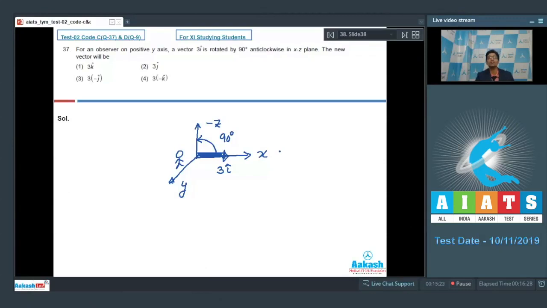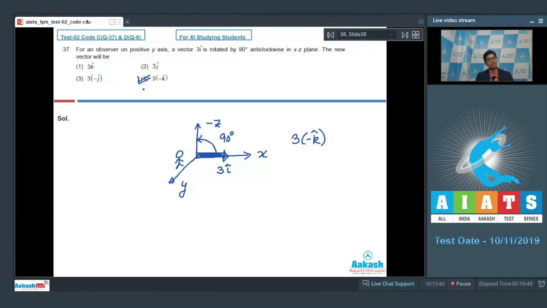Please note that the magnitude of the vector would remain unchanged. This means that the final vector can be represented as 3 minus k cap, because minus k cap would represent the direction along minus z axis. And hence, dear students, the correct answer for this particular question is option number 4.